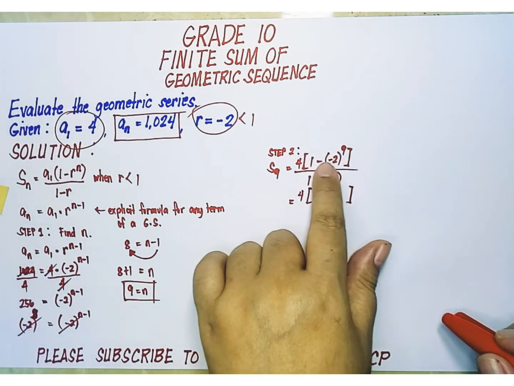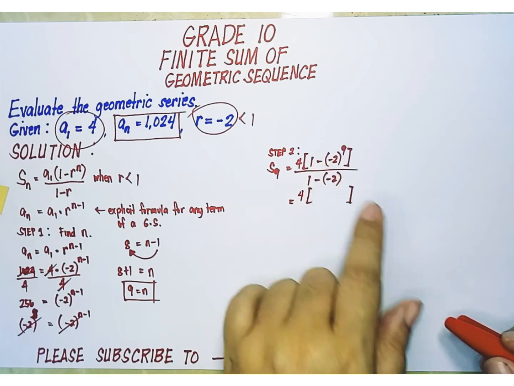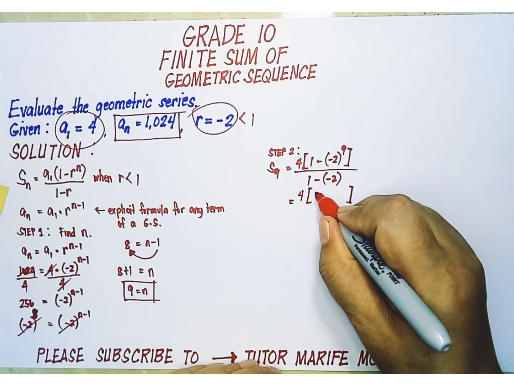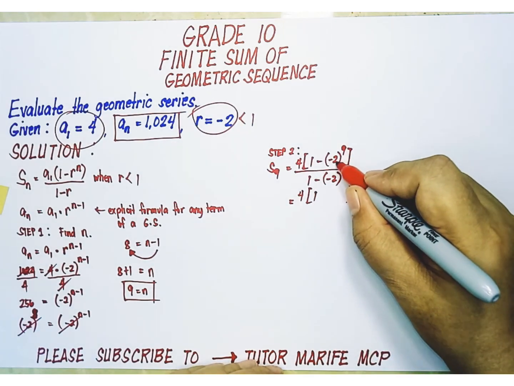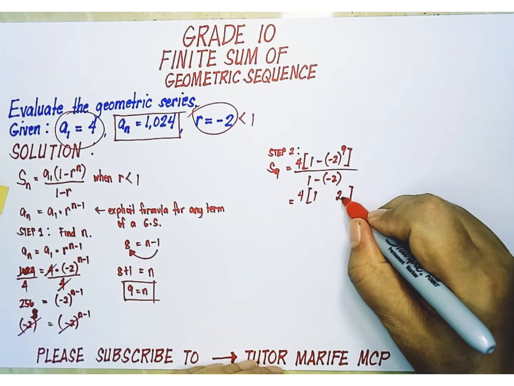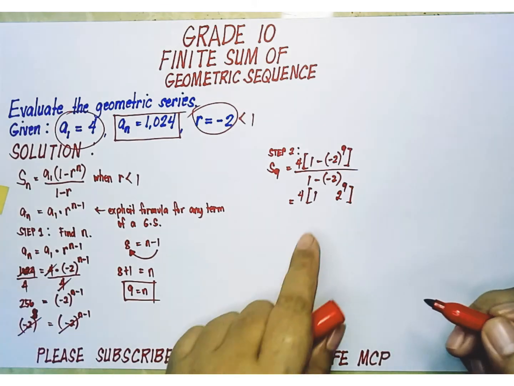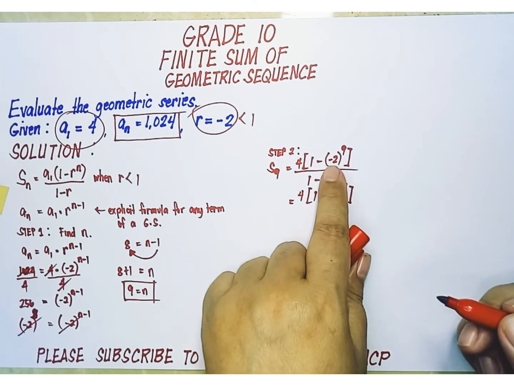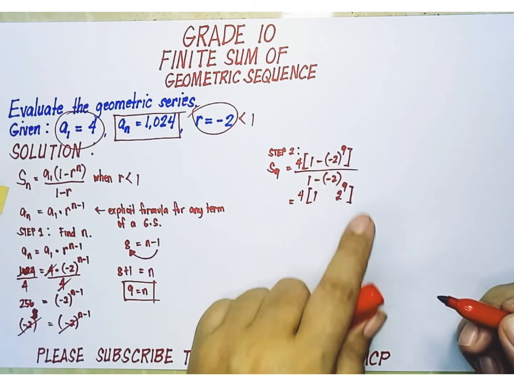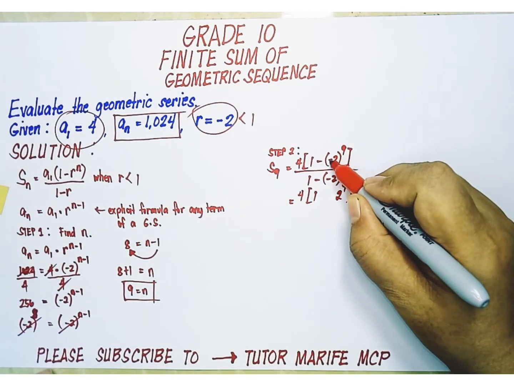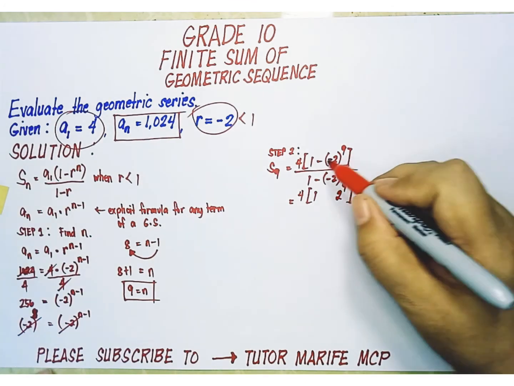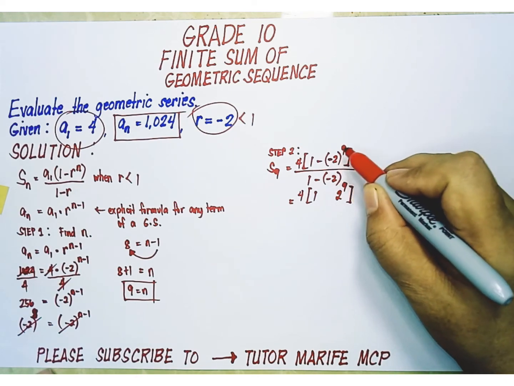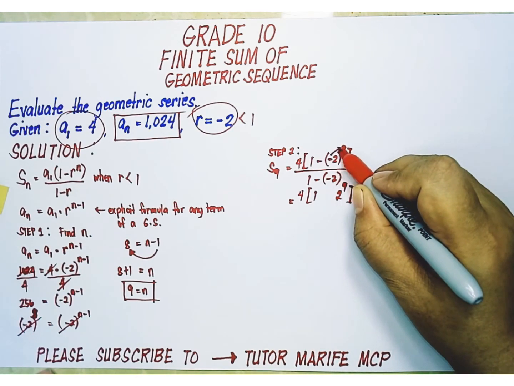Dito sa loob ng brackets, we finalize the connector between the first number, and that's 1, and the exponential number 2 raised to 9. Ano yung final connector between the two? Let's count the negative signs. Since negative is included inside the parenthesis, it also owns the exponent 9.